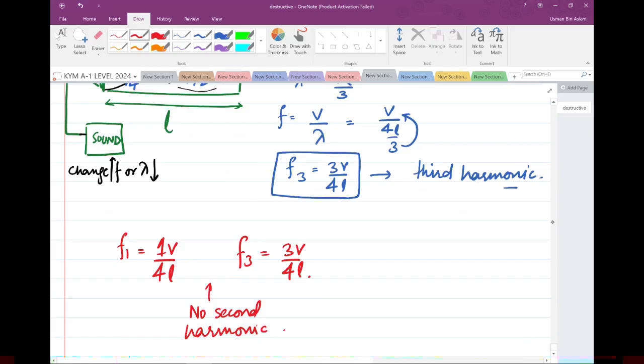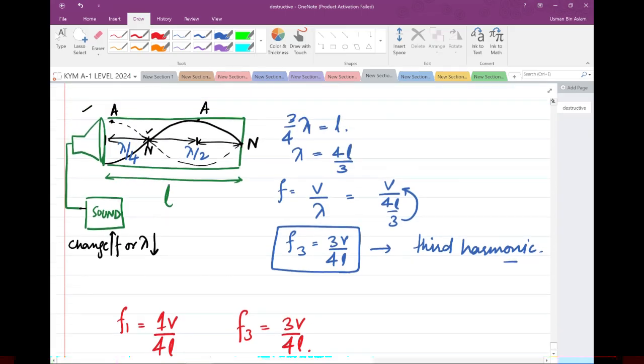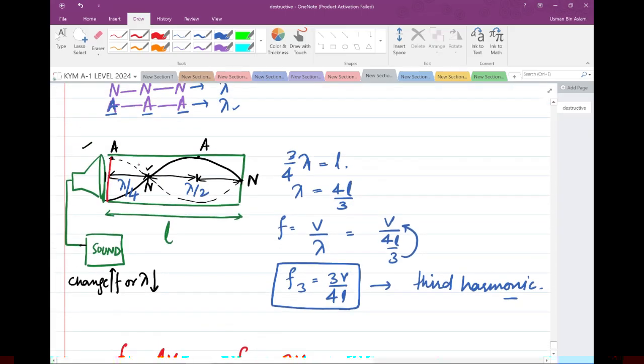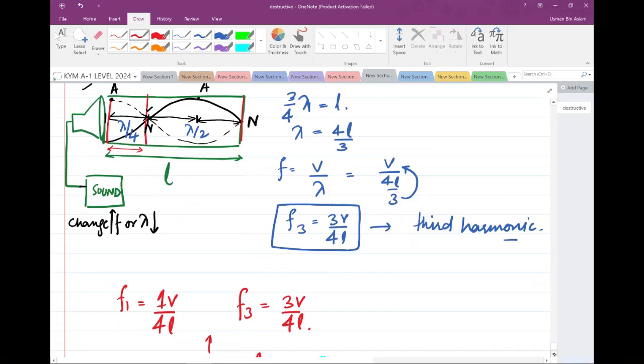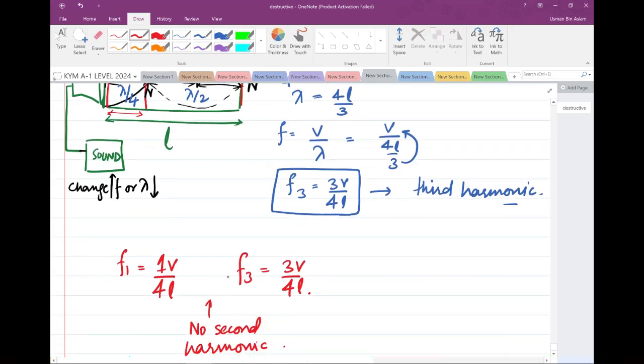Why? Because even if you look at this diagram, there will always be 1/4 of a wavelength. If I try to add more nodes and antinodes, there will always be this 1/4 of a wavelength that will always result in the frequency being expressed in terms of quarters and not halves.